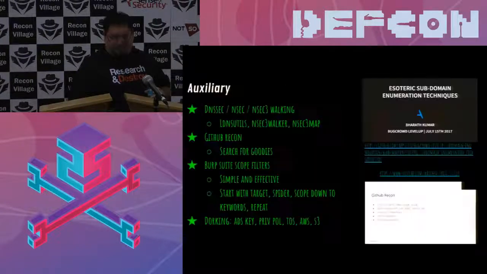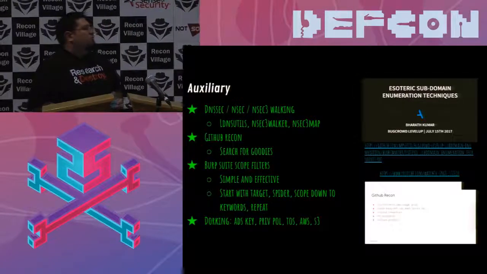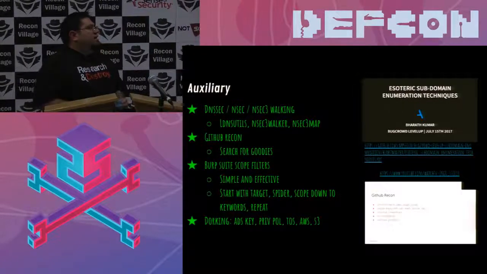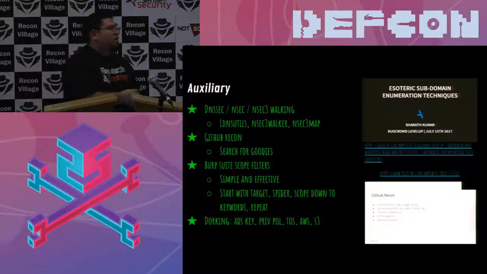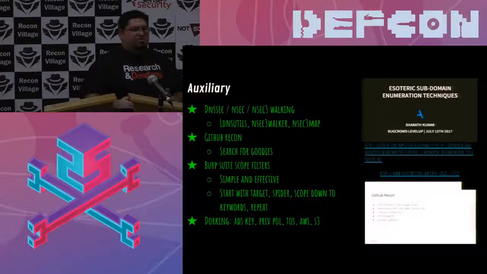All right. Cool. Some auxiliary stuff for enumeration here is if people have DNSSEC enabled, you can use a couple of DNSSEC tools in the ldns-utils package to walk the relationship of DNSSEC registered domains.